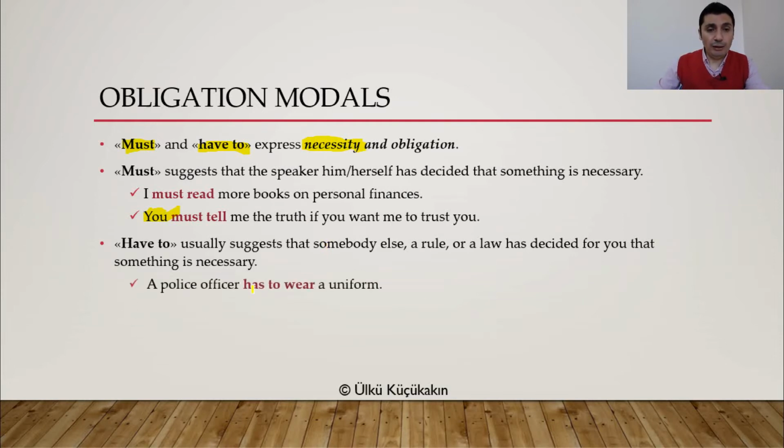So, a police officer has to wear a uniform. Why is it has to? Because have to is used as a tense or like a tense. For this reason, it becomes has to.